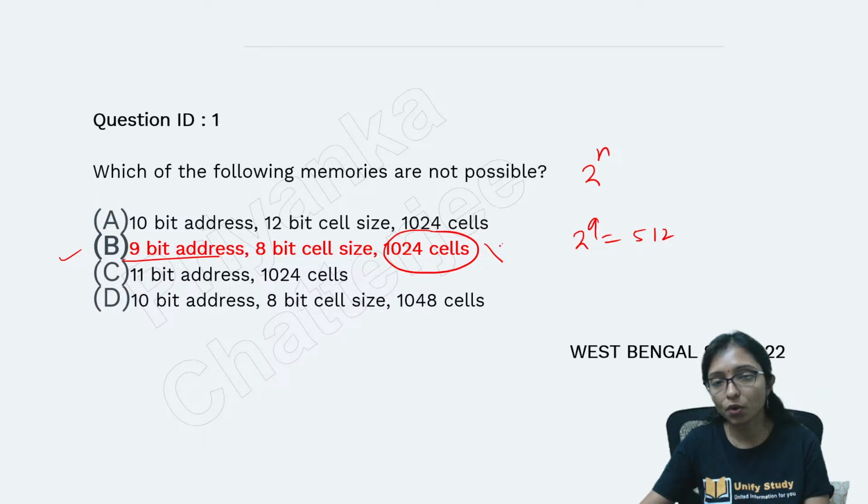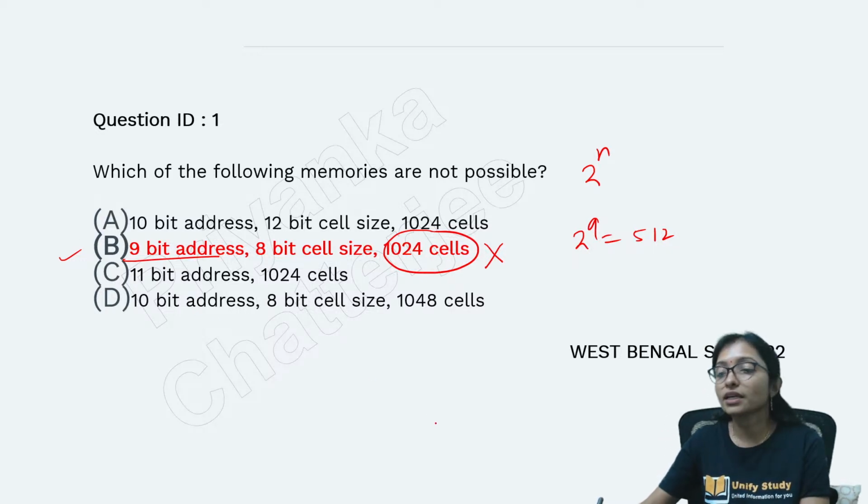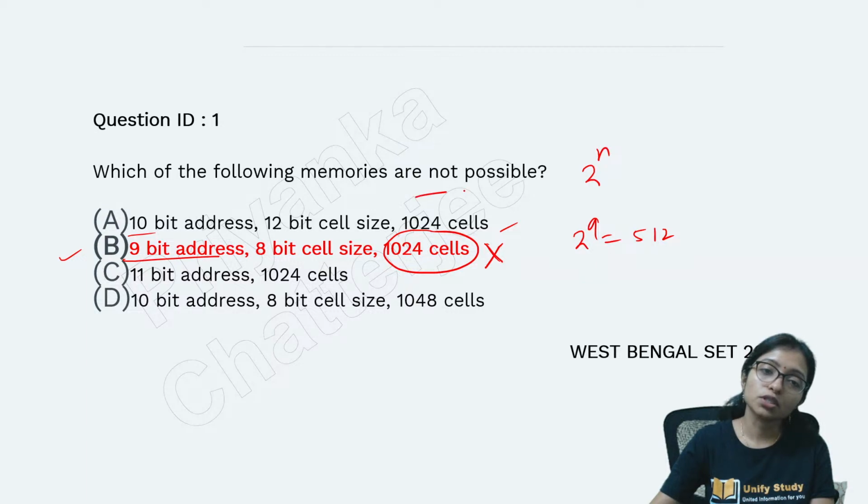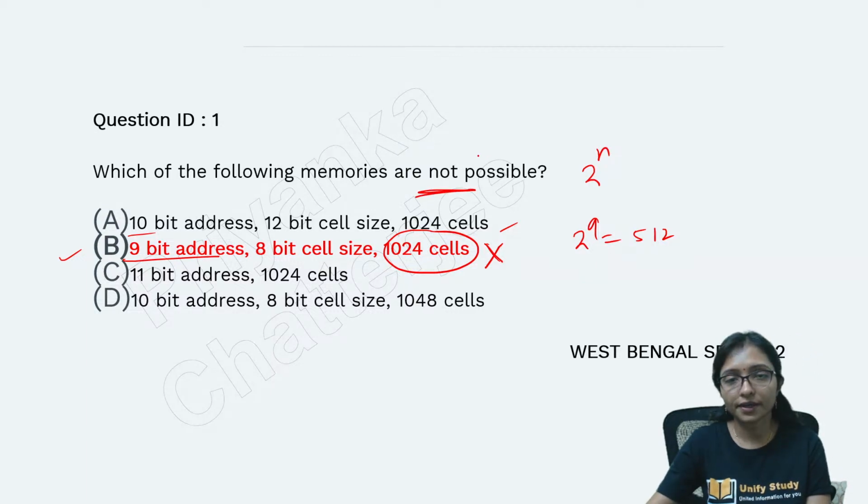This is not possible. Using 10 bits, 1024 cells is possible. But the other one is not possible, that's why this is not your answer, right? Which is not possible, this one is not possible here.